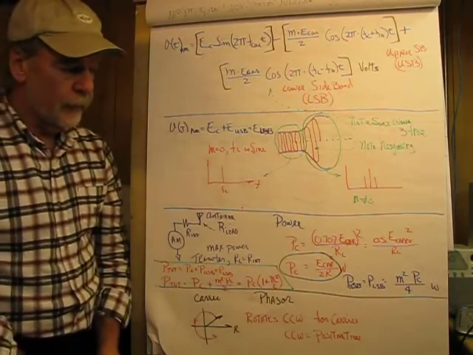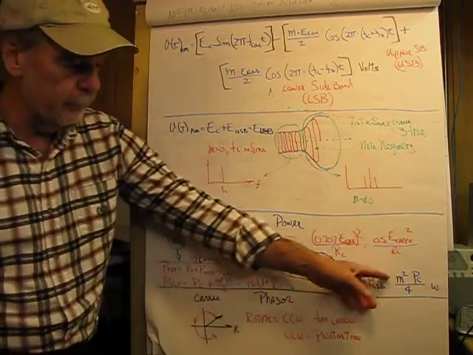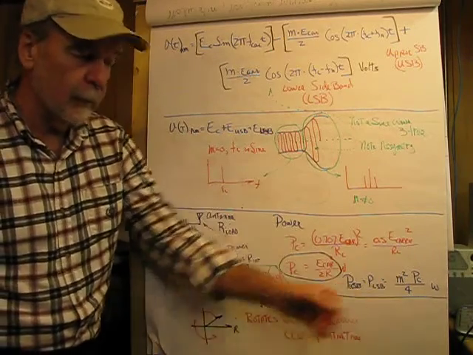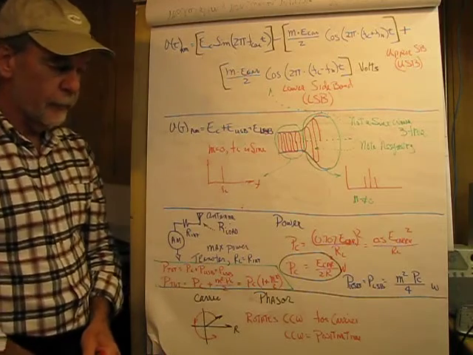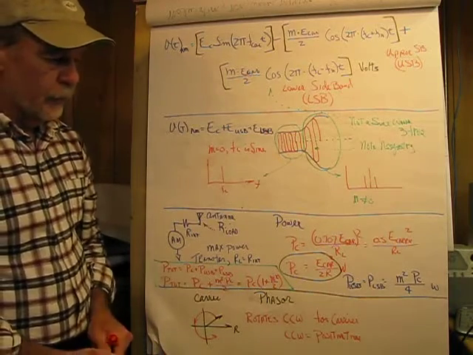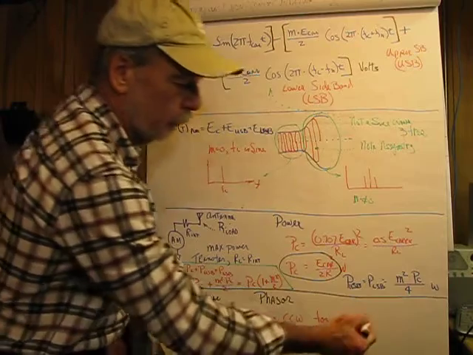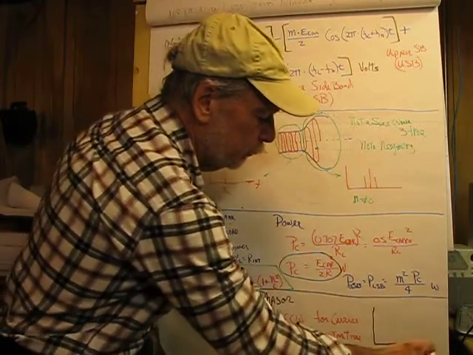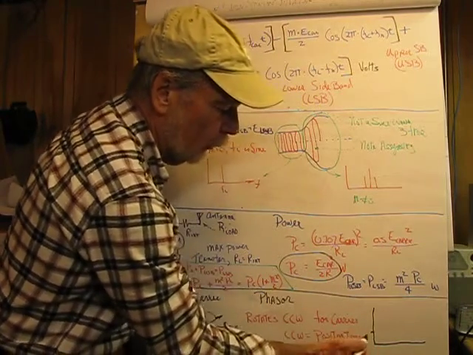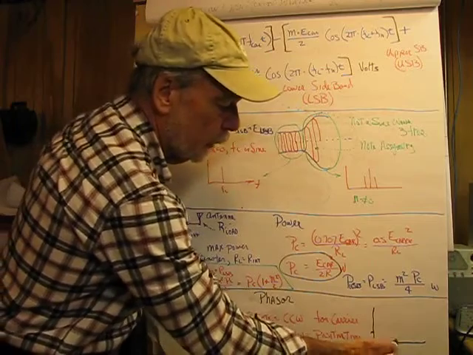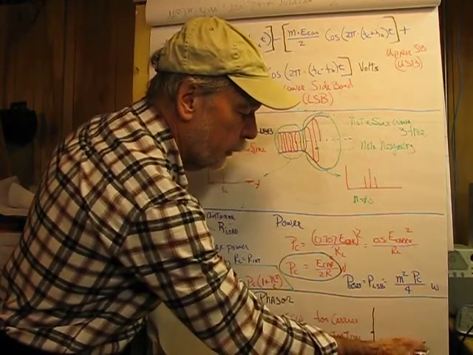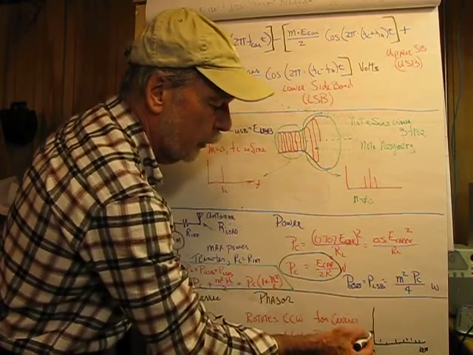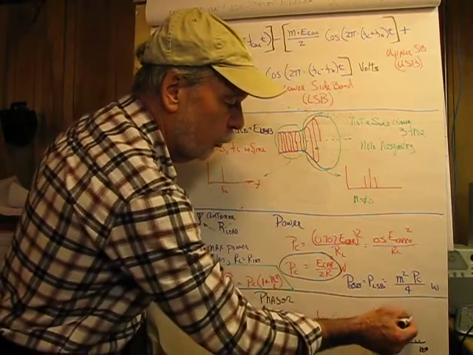So what we can see here is we have a nonlinear component with regard to the modulation coefficient. If I were to plot that very quickly here, this would be the power of the carrier in watts, and this would be M, this being 100% and this being 0%, what we would see is this would rise like this.